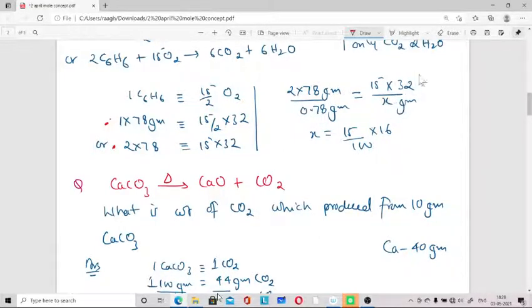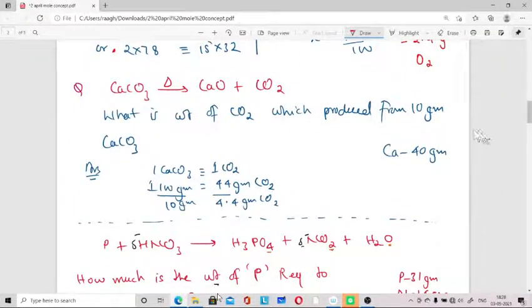This is your O2 and this is your benzene. So you can calculate by this, and the answer will be 2.4 gram of O2. So this is it.